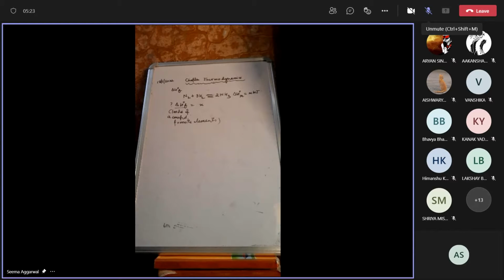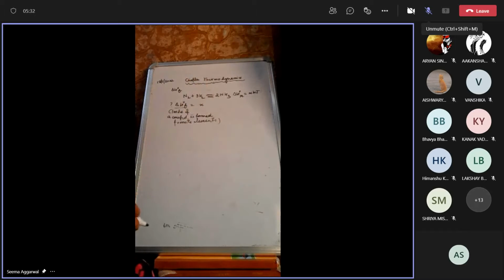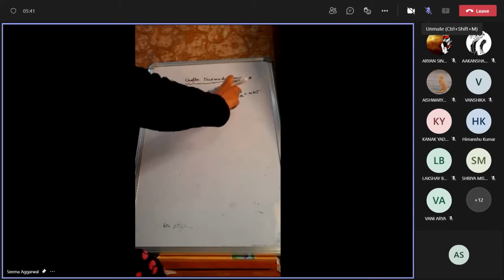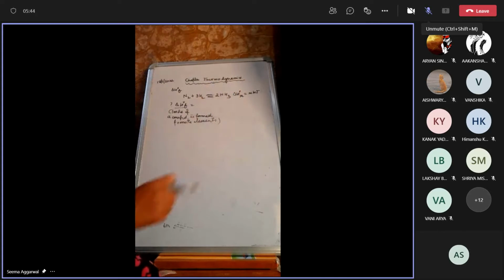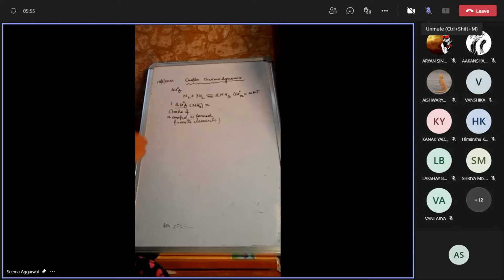My question is that enthalpy of formation is the energy change when 1 mole of a compound is formed from its elements in the standard state. Now for this reaction, you have to calculate the enthalpy of formation. The enthalpy change for the reaction is suppose X kilojoules. So what will be the enthalpy of formation of ammonia from the above?